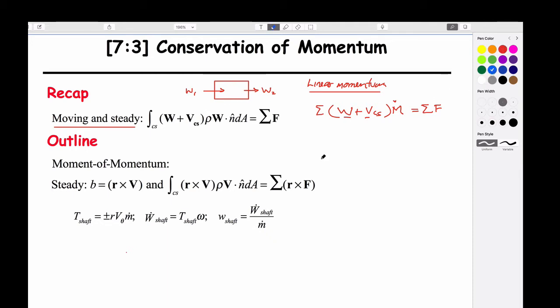Let me write it in longhand so that we make the case that if we write this out, this is really a collection of three equations, which look something like the velocity relative to the boundary in the x direction, y direction, and z direction.